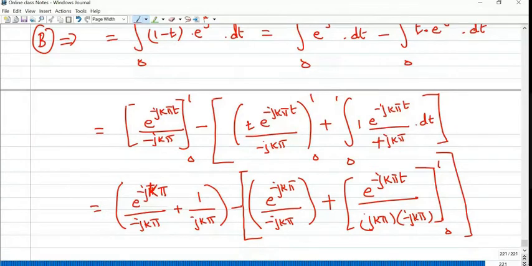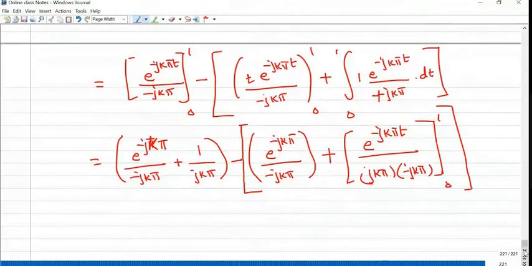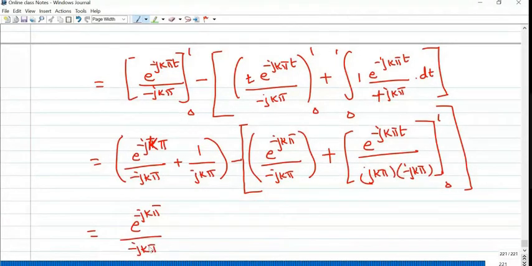Correct? Now combine: e power minus jk pi divided by minus jk pi, plus 1 divided by jk pi.